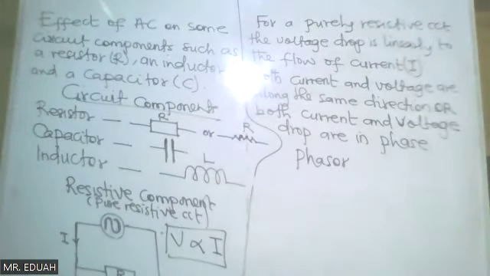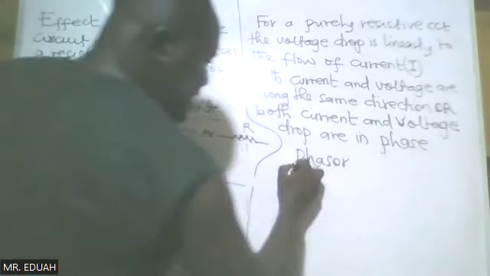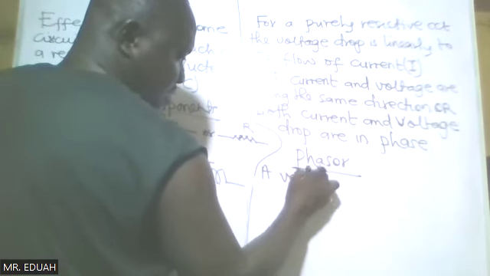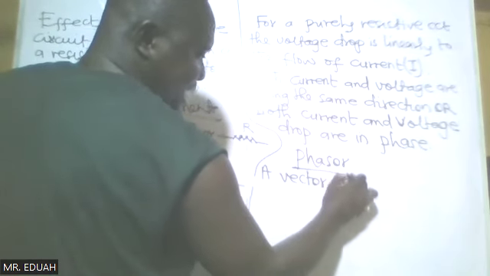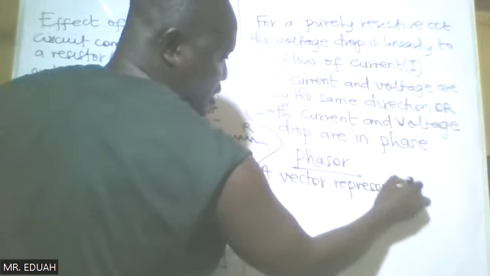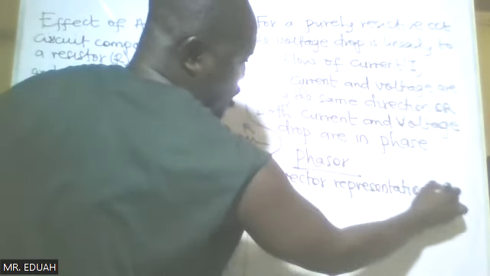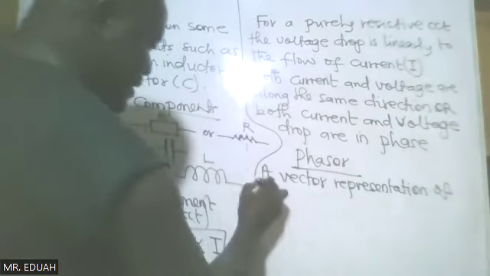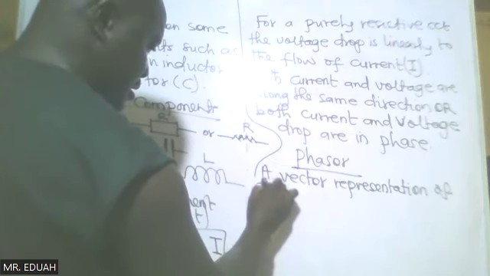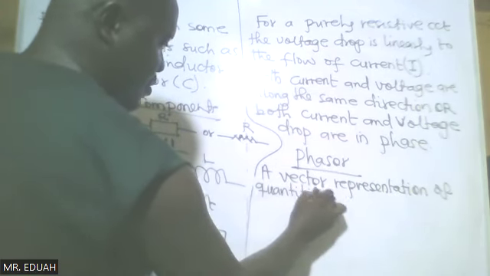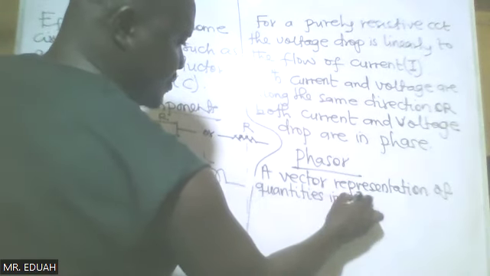So let me write the explanation. A phasor is a vector representation of quantities in phase.